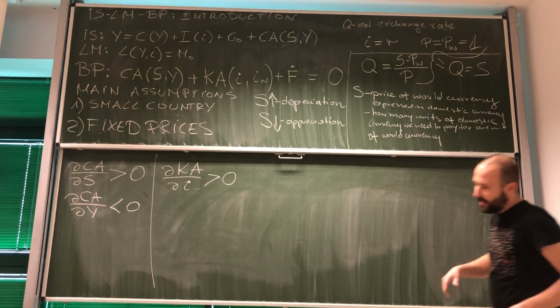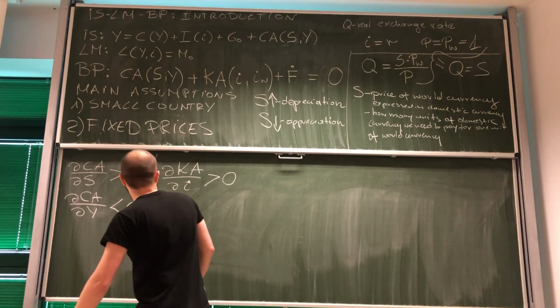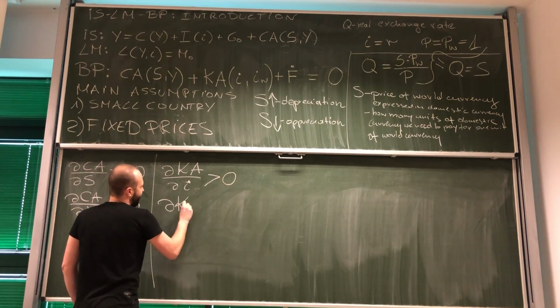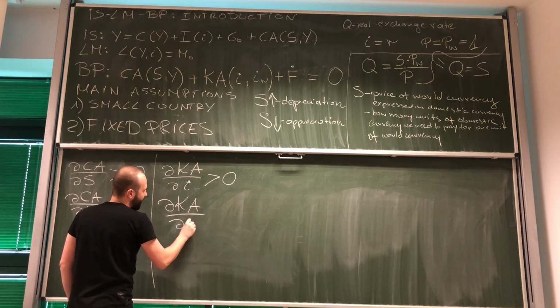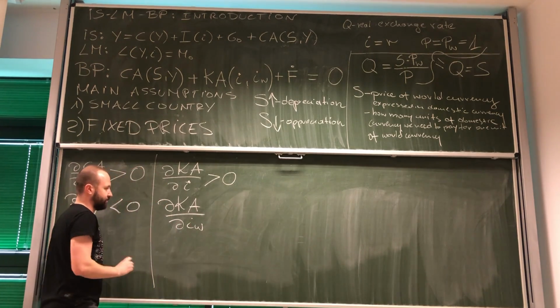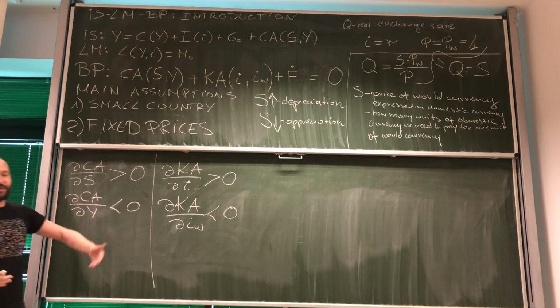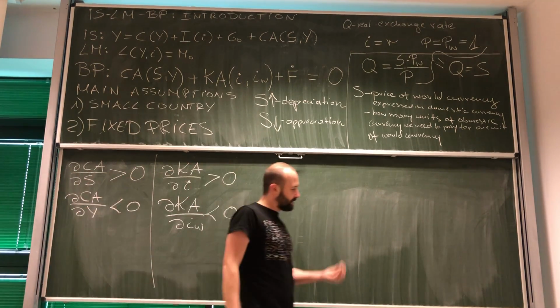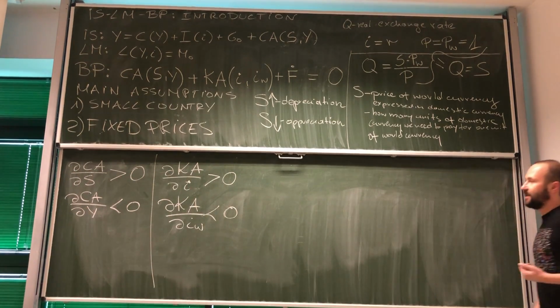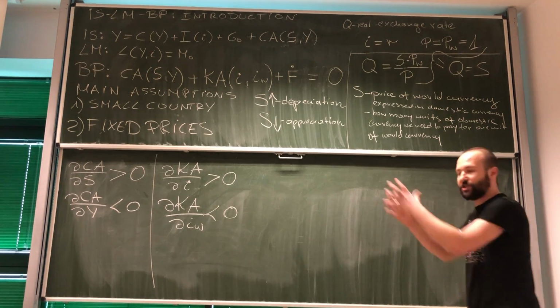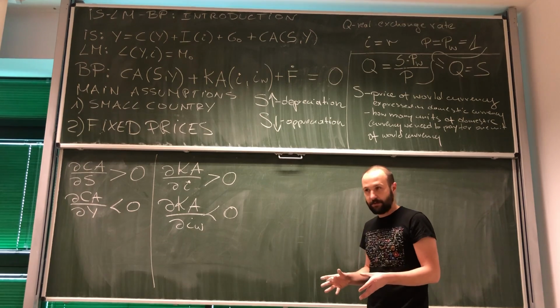And by the same token, the opposite must hold true: if we differentiate capital account with respect to world interest rate, this derivative should be negative. Why? If world interest rate goes up, domestic residents would like to purchase more foreign assets.